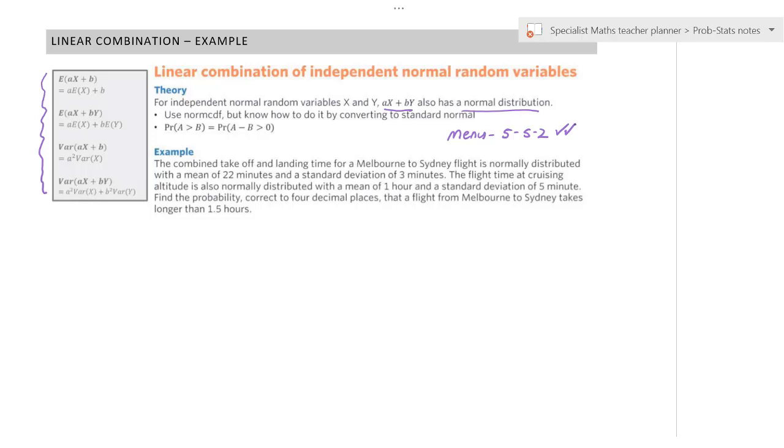Now, if I want the probability that A is greater than B, this is a really useful thing. We basically can say that the probability of A minus B is greater than 0.